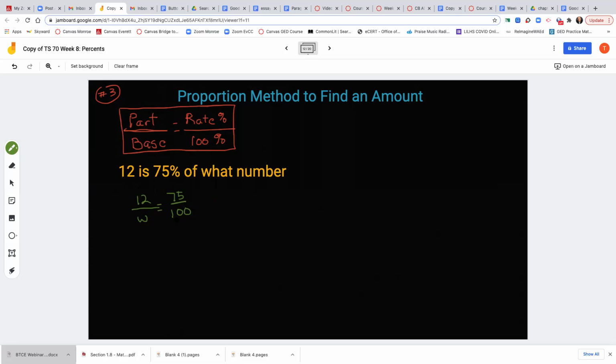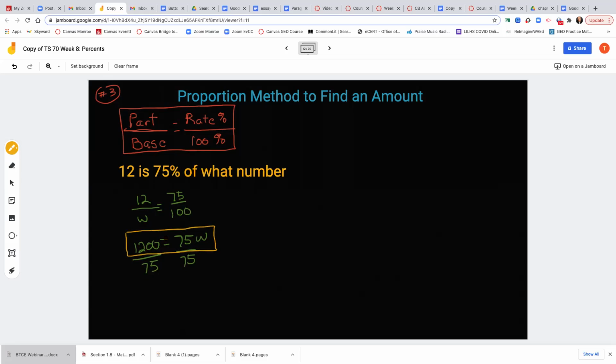So what you would end up doing is, if you're going to cross multiply, okay, so 12 times 100 is 1200 equals 75W, and then I cross multiplied here, W times 75, cross multiply these, and then you divide by 75 to get rid of that 75, do that. So you can see that in a sense, I ended up doing the same thing that I did in the last method.